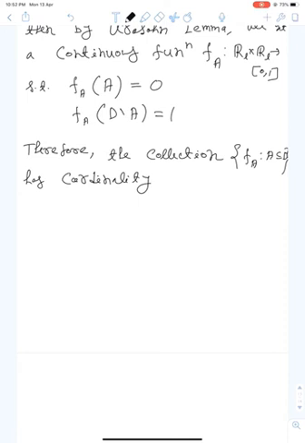D is just my R, that is, it has the same cardinality as R. So it has the cardinality of the power set of R, right? It is clear.